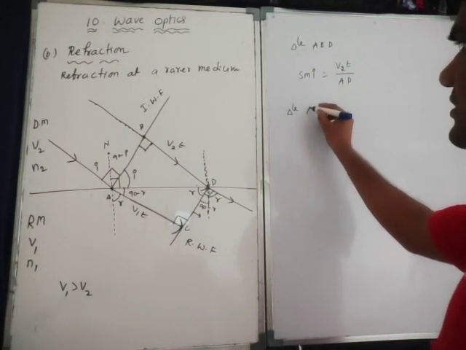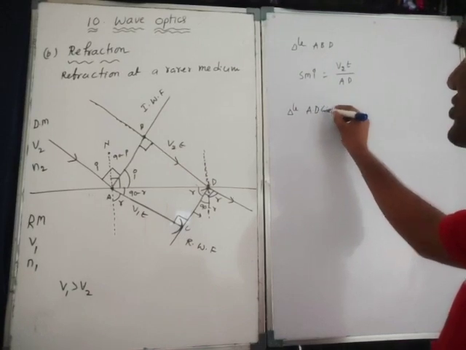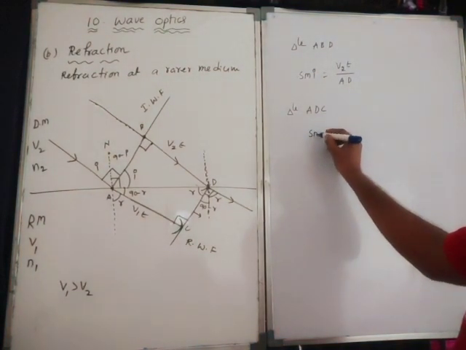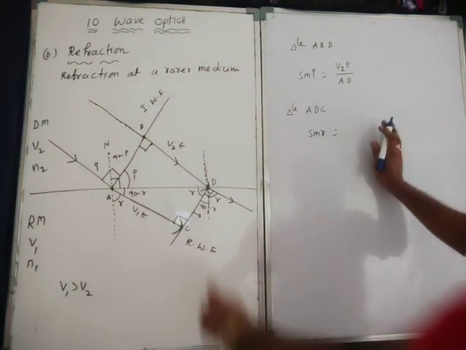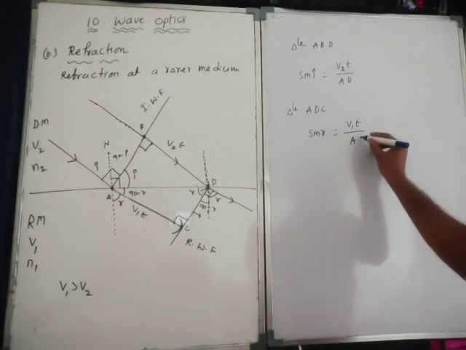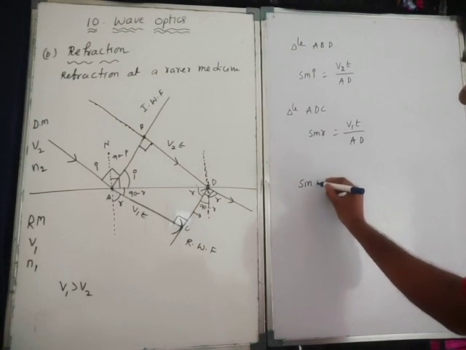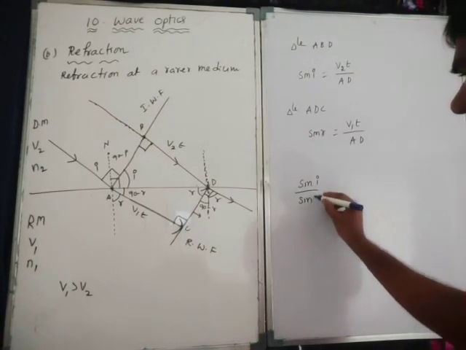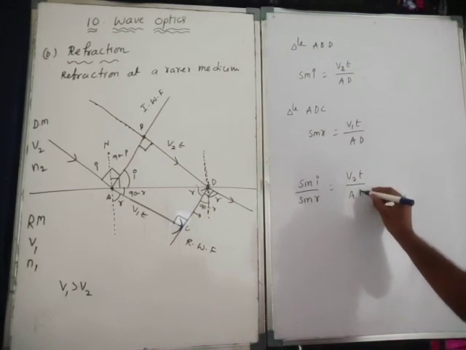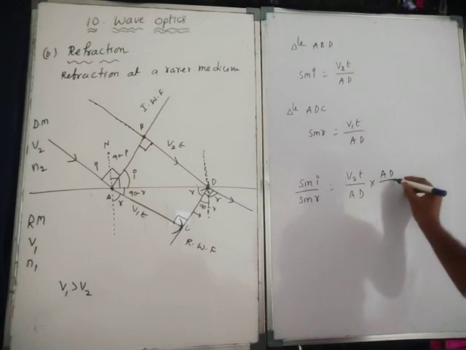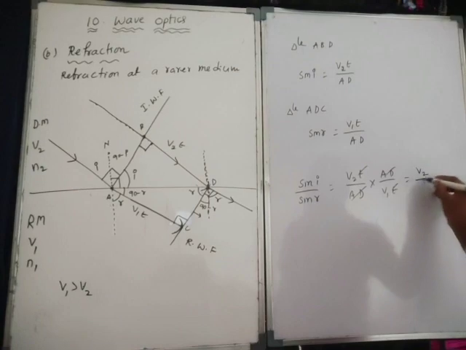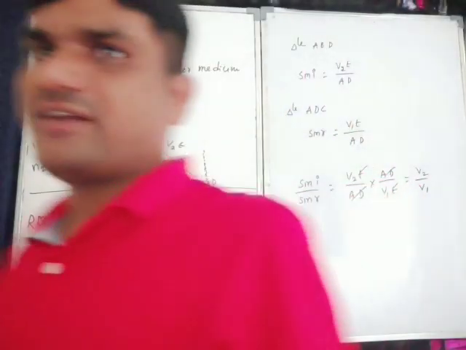Similarly, in triangle ADC, sin R is equal to opposite side, which is V1 into T divided by AD. So now we will do sin I by sin R. Sin I by sin R is equal to V2 into T divided by AD, into AD divided by V1 into T. T gets cancelled. Therefore, we will get V2 by V1. Correct or not?